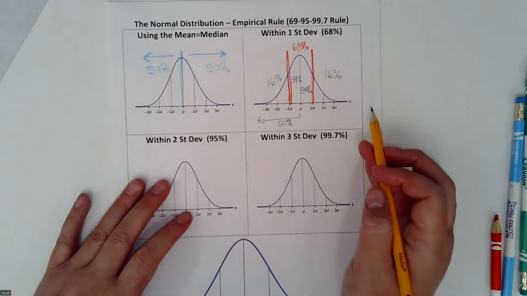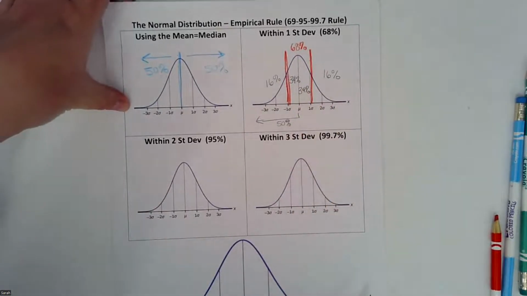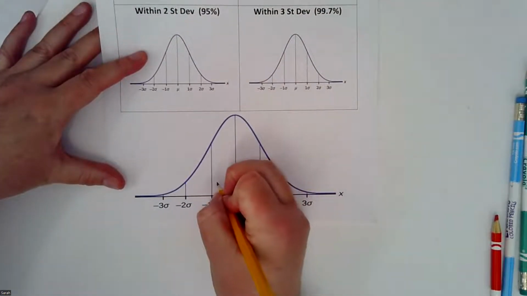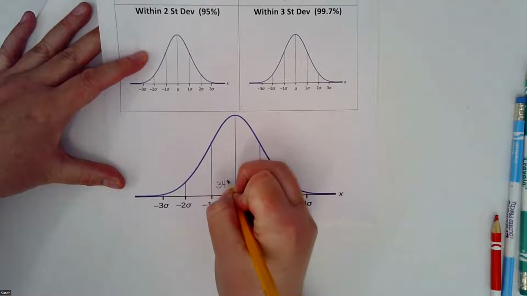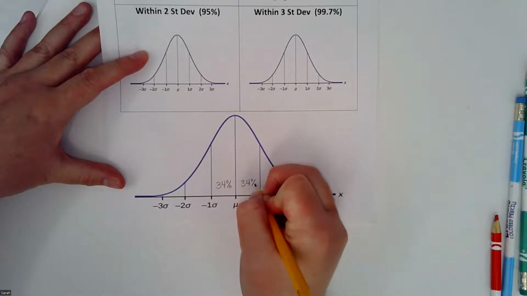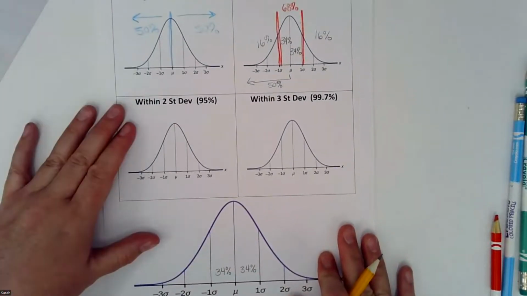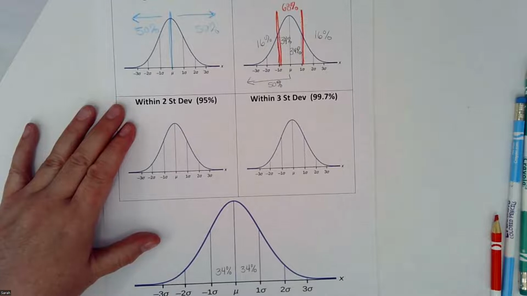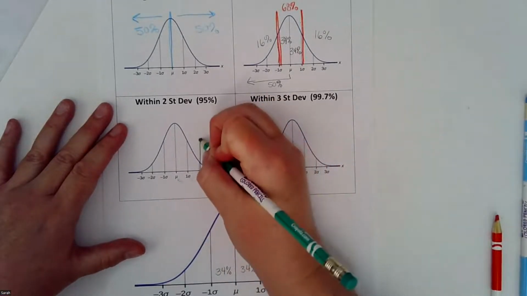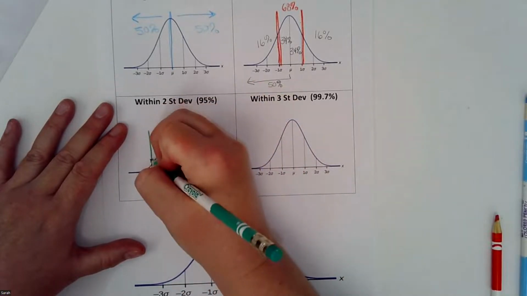Okay, since we found these two pieces here, what I'm going to do is come down to the bottom of the page. There's a little bigger curve here, and I'm going to fill those two probabilities in since I know exactly what each of those slices are. So those are each 34%. All right, so the next one, within 2 standard deviations of the mean, so that's 1, 2, so that's here, and then 2 below, so that's here.